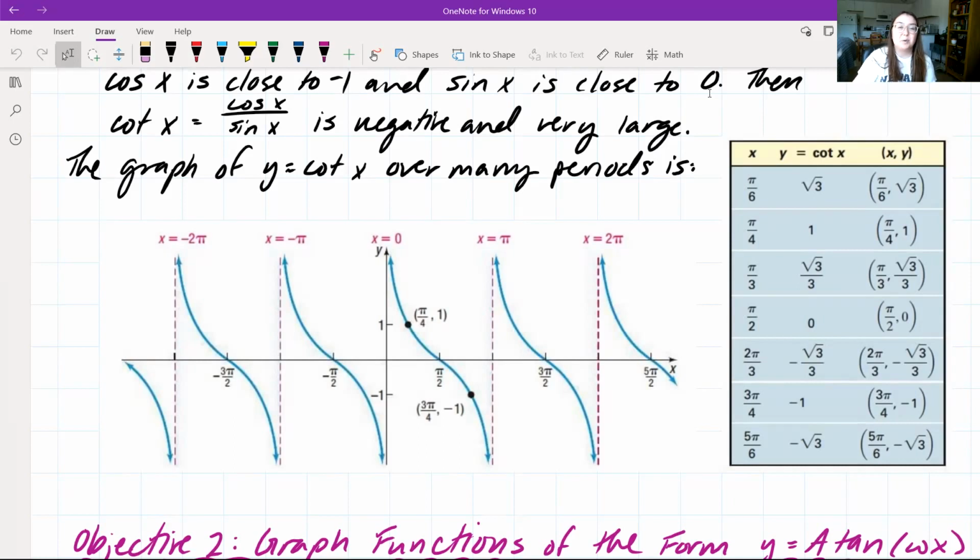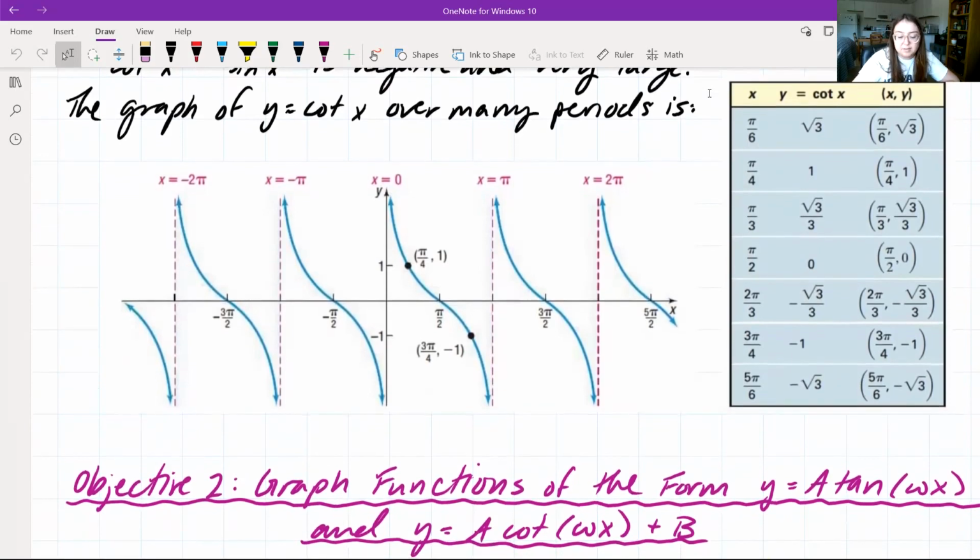Lastly, important points are divided by 4, so those are integer multiples of pi over 4. We'd be looking at pi over 4 and 3 pi over 4. Those are important points because the graph of y equals cotangent of x at pi over 4 is equal to 1.